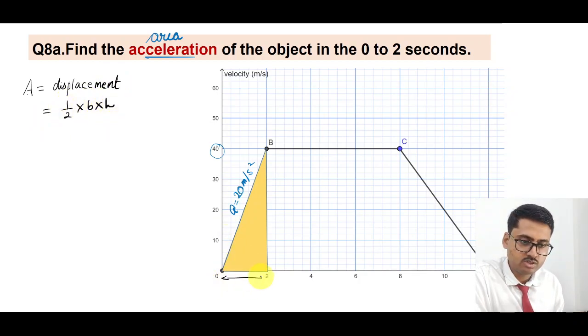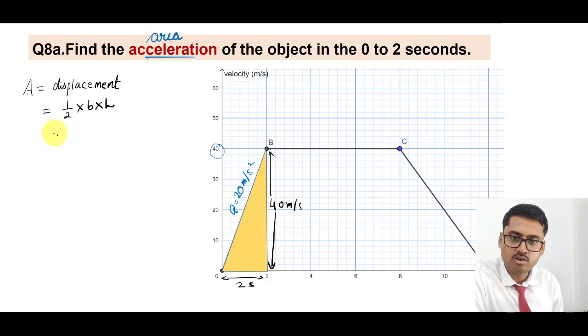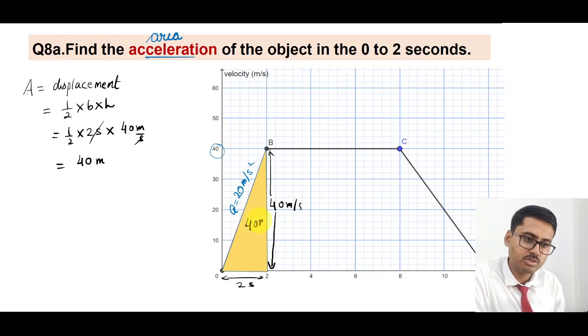So base is 2 seconds over here, and height is 40 meter per second. So this is half into base as 2 seconds and height as 40 meter per second, and that gives us the answer as 40 meters. So here the object covers 40 meter in the 2 seconds.